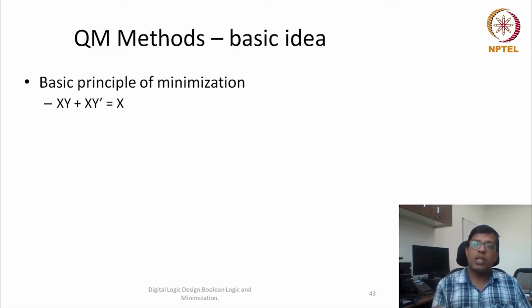This x could be one variable, or it could be a set of variables, but essentially, if in two terms one particular variable is present in both complemented as well as original form, then that variable can be eliminated. So this is the basic idea.